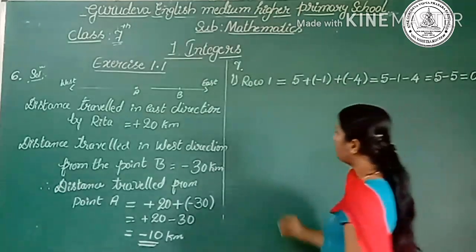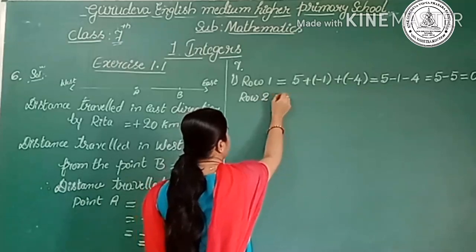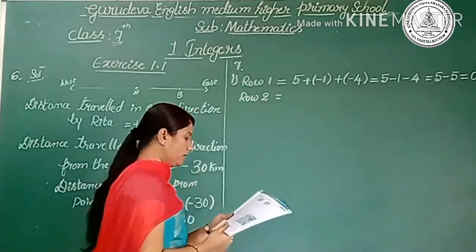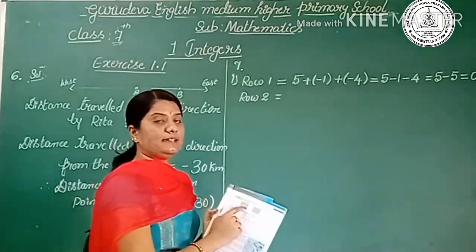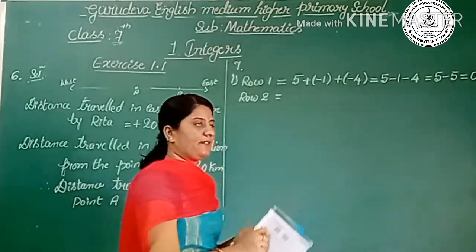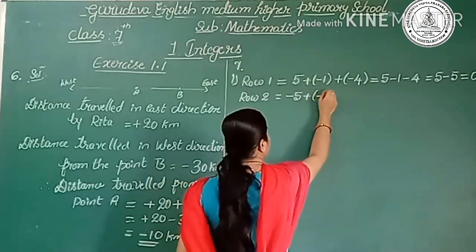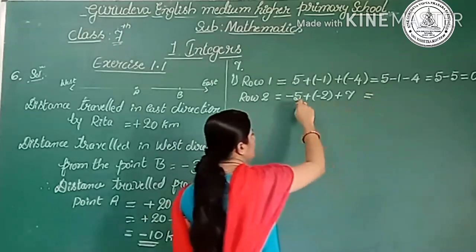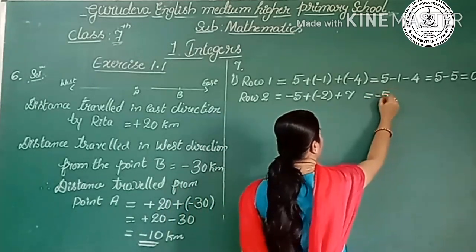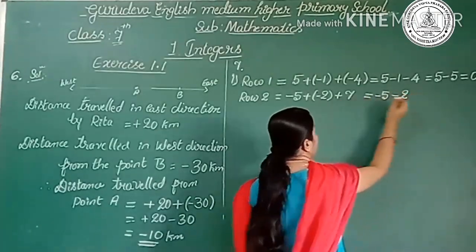Right? So that's row 2. In the second row they have given minus 5, minus 2 and plus 7. Add here minus 5 plus of minus 2 plus 7.